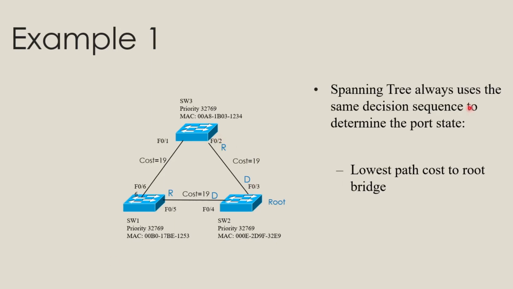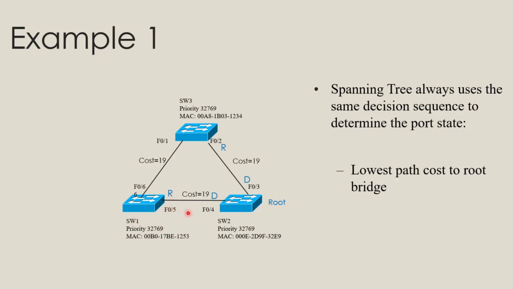This is the decision sequence. The switch uses the path cost to determine which port is going to be the root port. And for the same reason, switch 1 uses port 5 as the root port because the path cost to the root is lower than port 6.